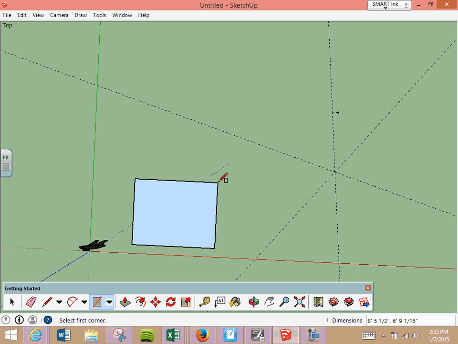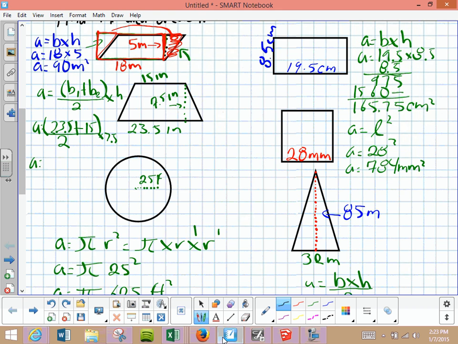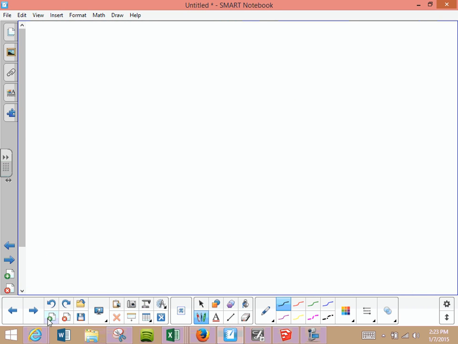Look at the first dimension. It says 8 feet, 5.5 inches. Is it okay for me to write that as, is that the same thing as 8 feet and 5 inches?